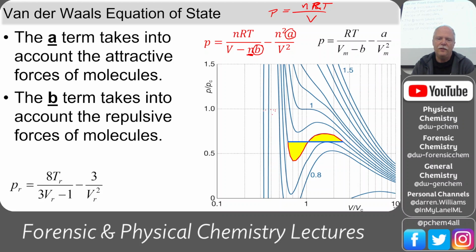And so I've got the plot here in reduced variables. We talked about those last time. So this is the volume divided by the critical volume and the pressure divided by the critical pressure. And these are at various unitless temperatures, so that's temperature over the critical temperature. When the temperature is at the critical temperature, we have this curve here.